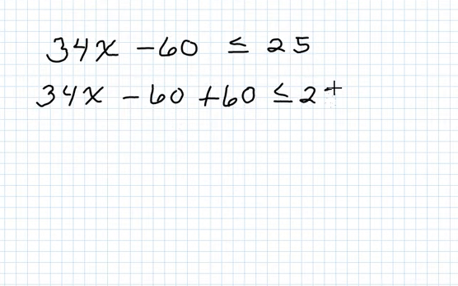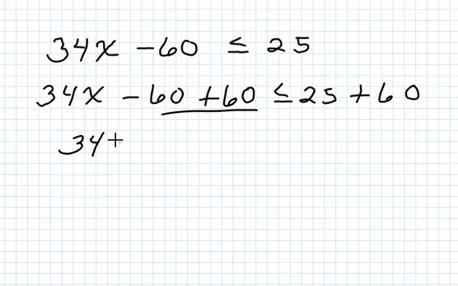Those will cancel out, and we're left with 34x is less than or equal to 85. And we multiply both sides by 1 over 34, and we're left with x is less than or equal to, now this will reduce down to 5/2.